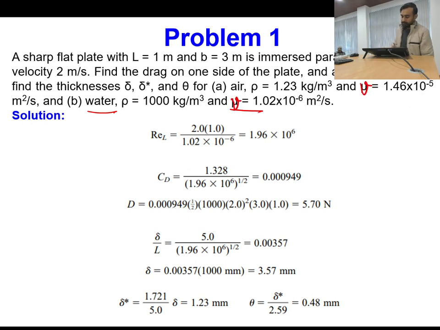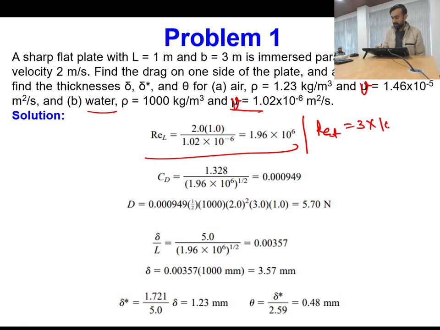Upon doing so, we find that our Reynolds number is 1.96 × 10^6. If I assume my plate is smooth, then my transition Reynolds number is 3 × 10^6. So this is still smaller than the transition Reynolds number, and once again I consider the flow to be laminar, using the same relations.